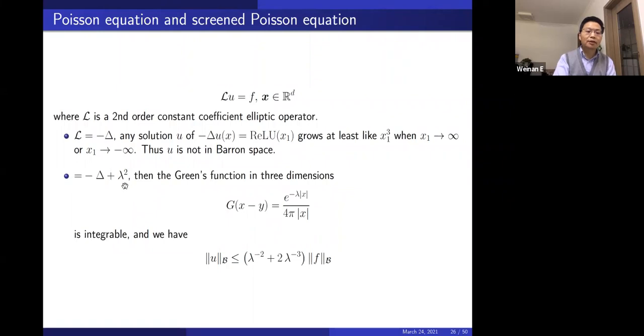But if we add a screening effect, if we add this term, then we can show the solution satisfies this estimate. So if the right-hand side is Barron, then the solution is also Barron.